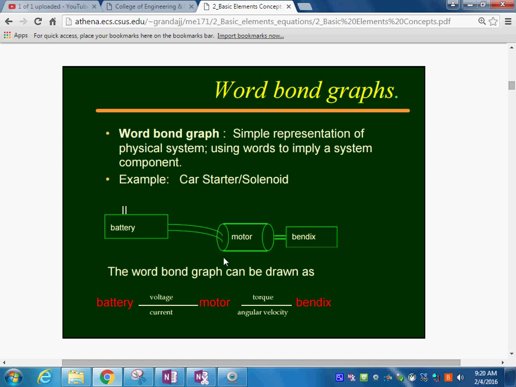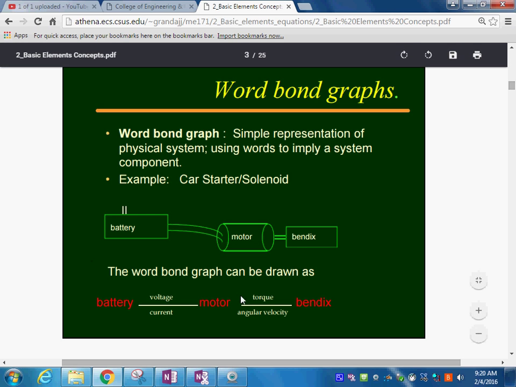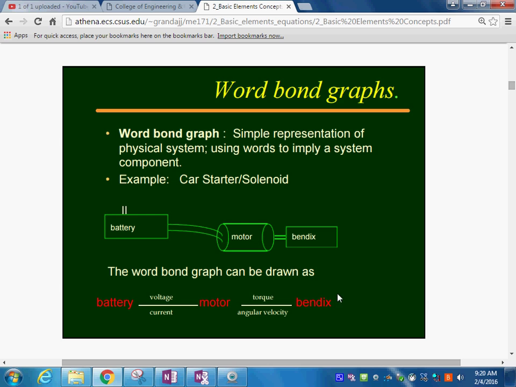This is the way we do it in an elementary way. You have the battery, for example, the starting motor, and the Bendix. This is how you start your car. If we put the words, like you see on the red forms in here, those words would indicate the element that we're talking about. And how does the battery communicate with the motor?